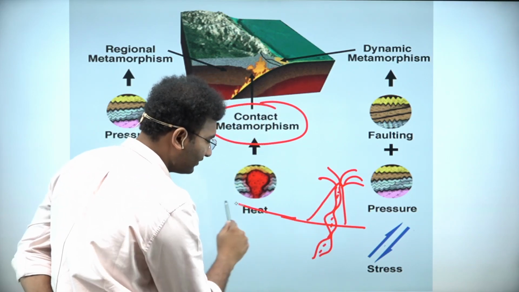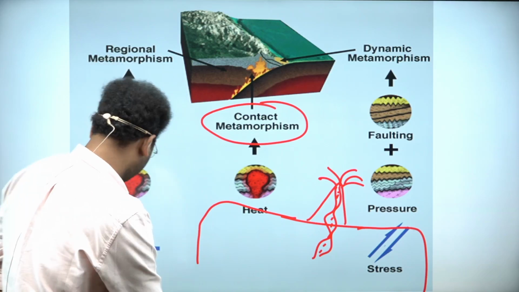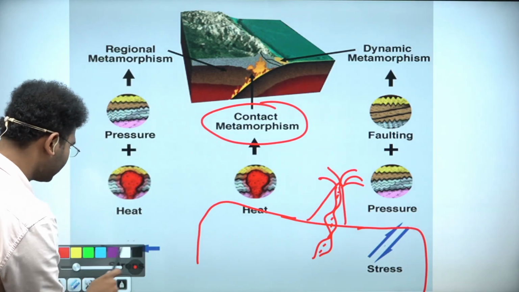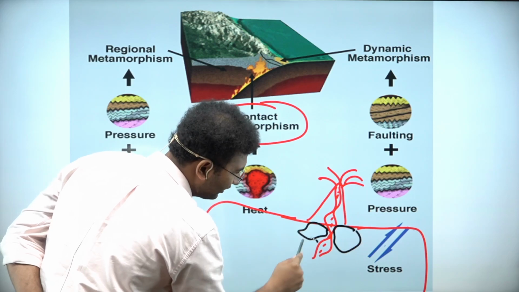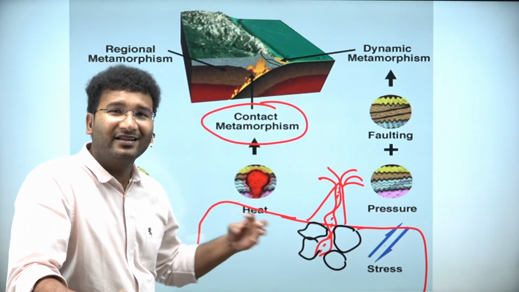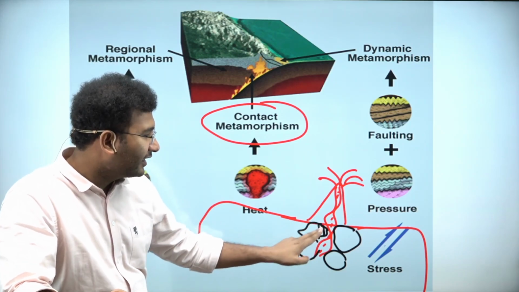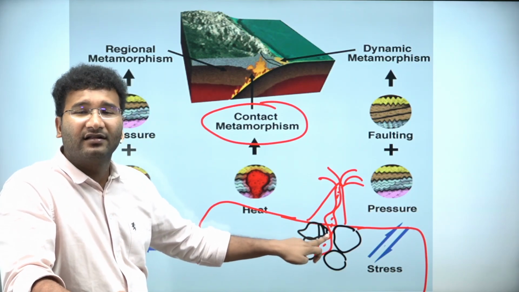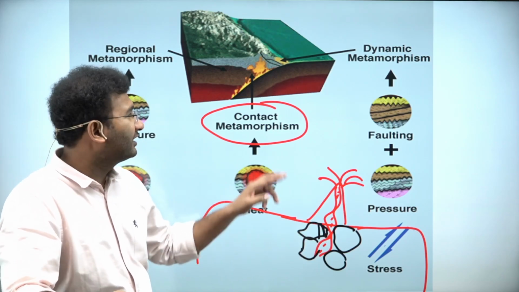During this time, beneath the surface, maybe there could be some rocks. Imagine these rocks, they also come in contact with this hot material, and the rocks can get heated. That means if they are in contact with this hot material, this is called contact metamorphism. The temperature is directly given.